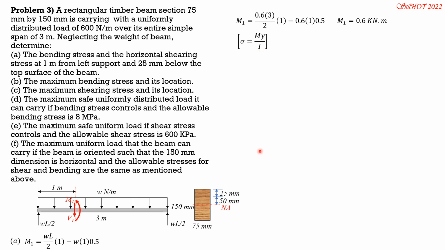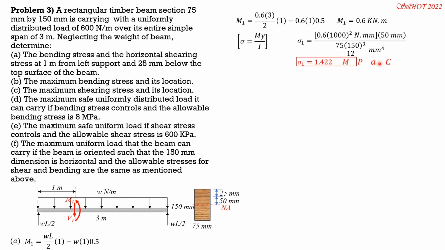And moment of inertia is bh cubed over 12. So sigma 1 is M1, which is 0.6 kilonewton meter times 1000 squared to make it newton mm, y is 50 mm, divided by 75 times 150 cubed over 12. So that would be in mm to the fourth. The units here would be newton per mm squared or megapascals.